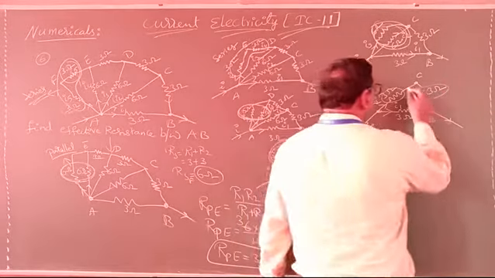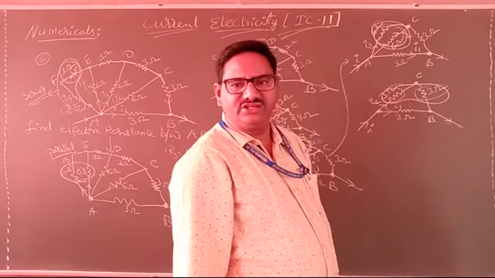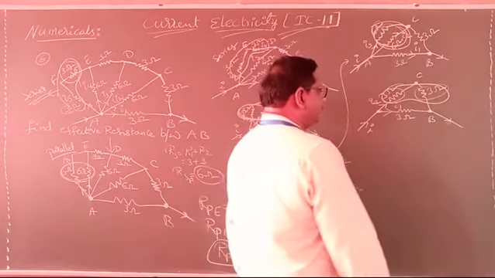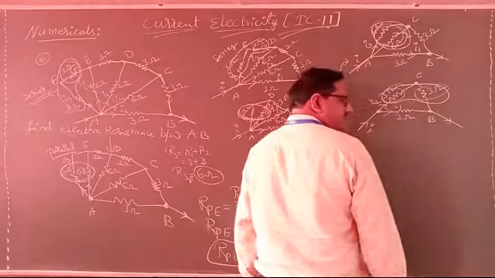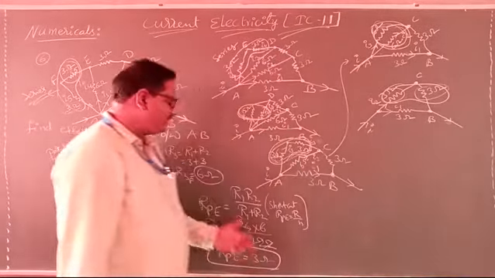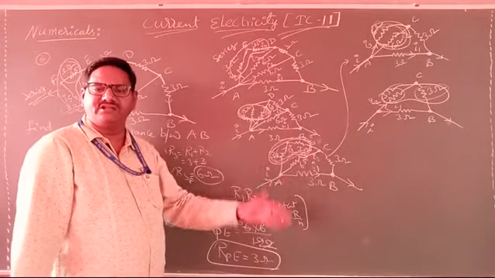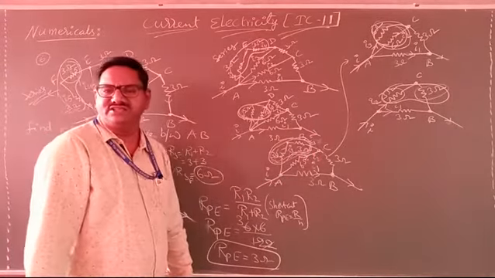Are you following? Then these two are in series. So series effective how much? 3 plus 3, how much? 6. The calculation is the same. These two are repeated because we have the same resistances in this circuit.